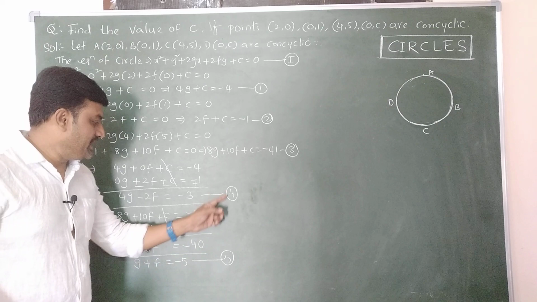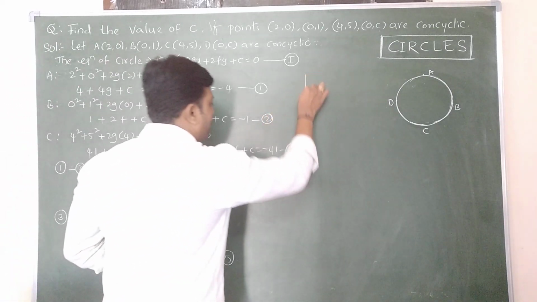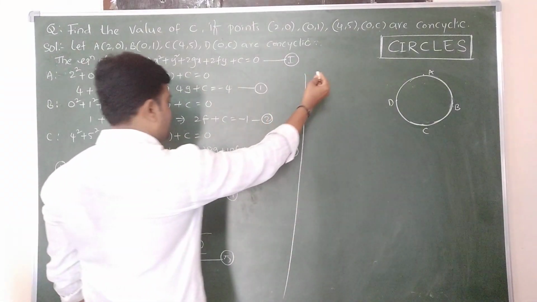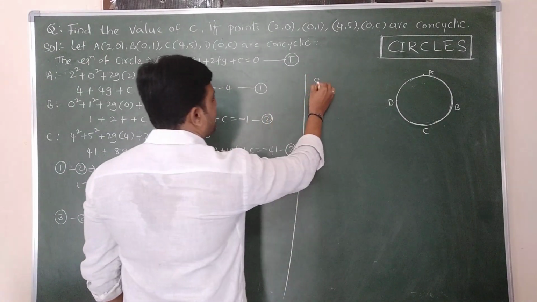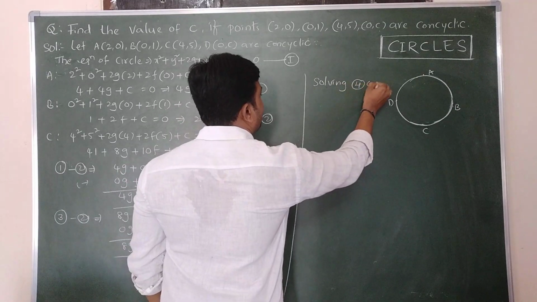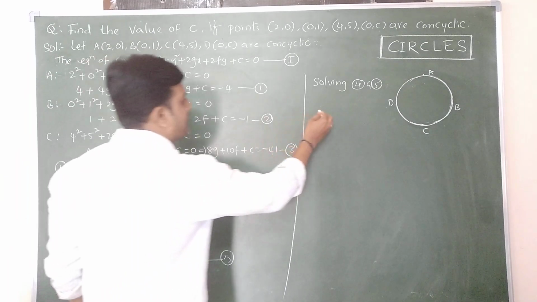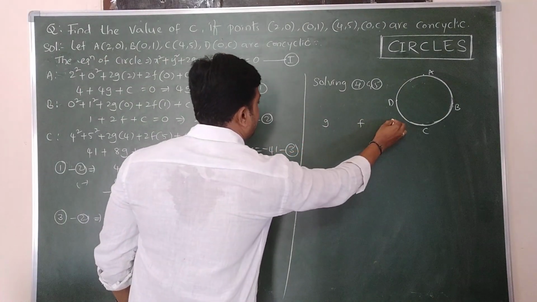Now we have two equations in g and f. By solving 4 and 5, we will get g and f values. Solving 4 and 5 by taking the quotients g, f and 1.